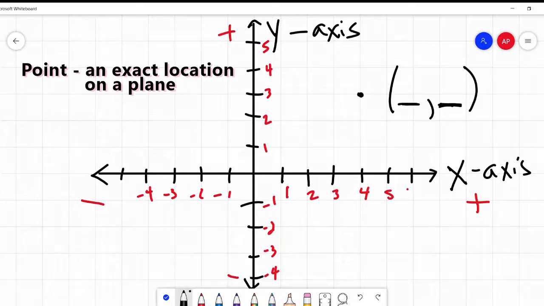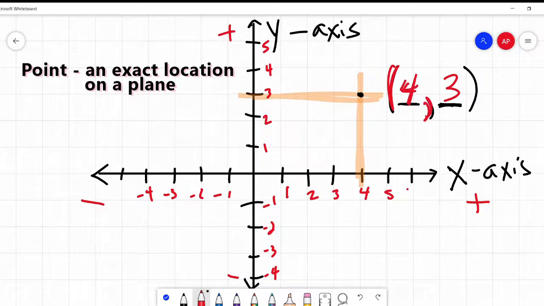Well, let's see what line it's on. 4. Now let's see what line it's on this way for the y coordinate. 3. This point's coordinates are 4, 3, and we would write that parentheses, 4, 3, close parentheses. And that's how we write a point.